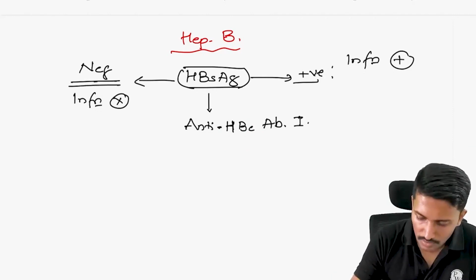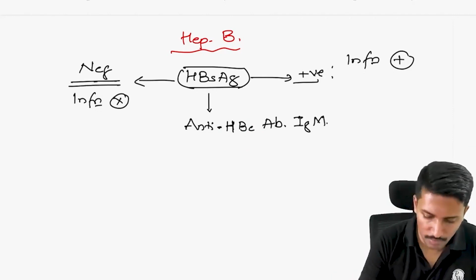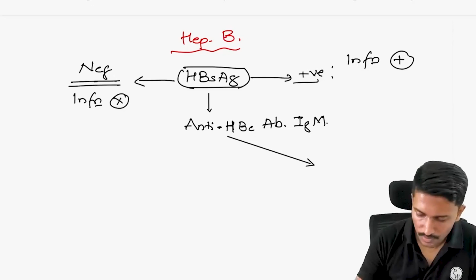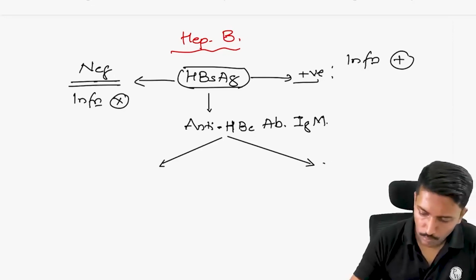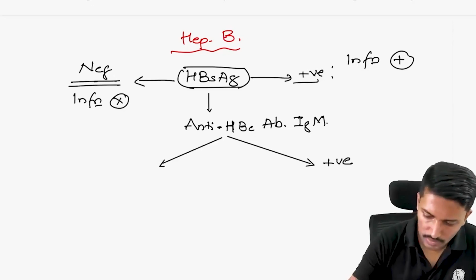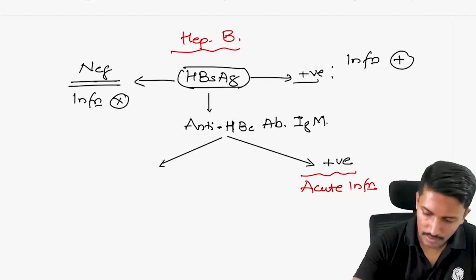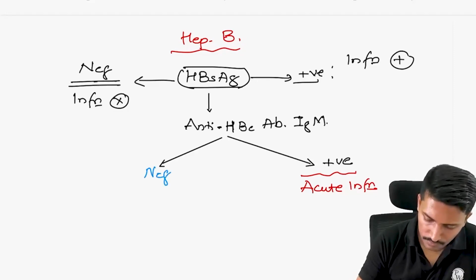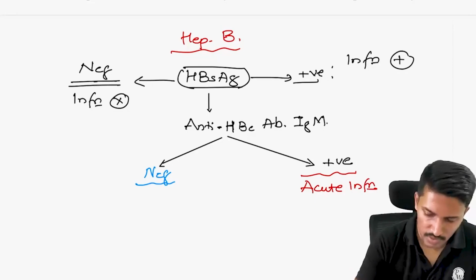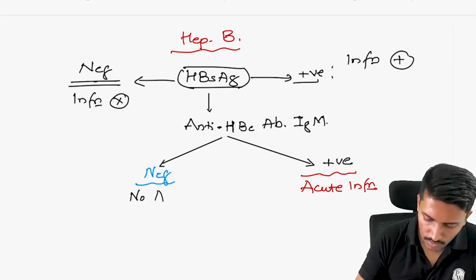And what am I interested in? Mainly I am interested in IgM. If it is positive, that means I am dealing with a case of acute infection. And if it is negative, that means there is no acute infection.